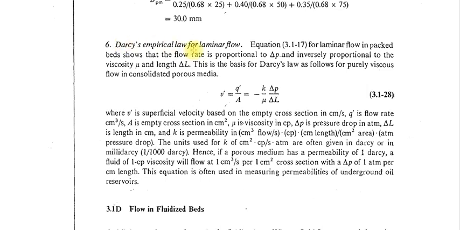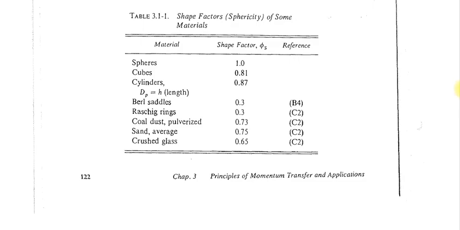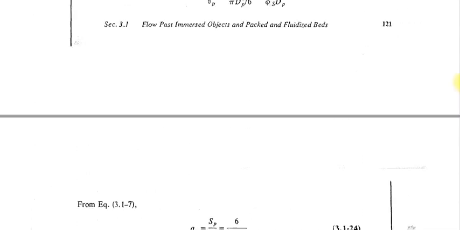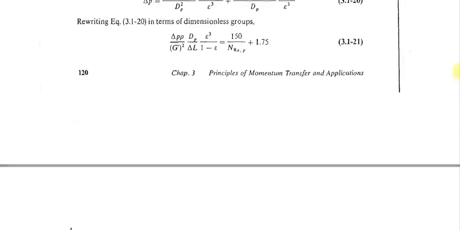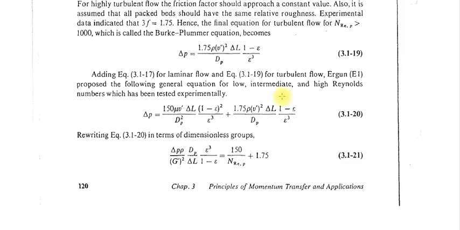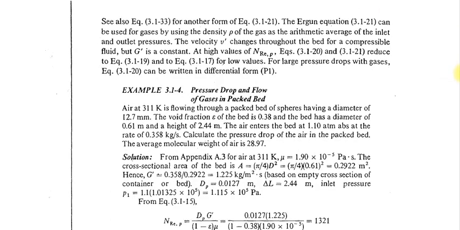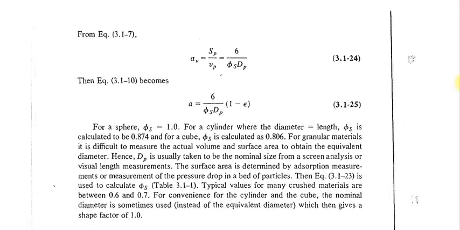Darcy's law is very important for the laminar flow region, and it is widely used to calculate the pressure drop. So this is the simplest law. The formulas we discussed earlier for calculating the pressure drop are slightly complicated.